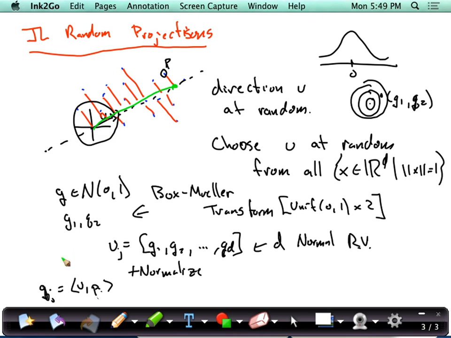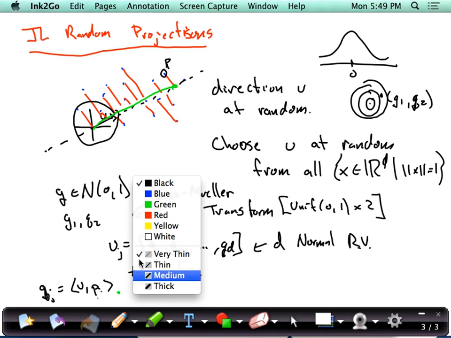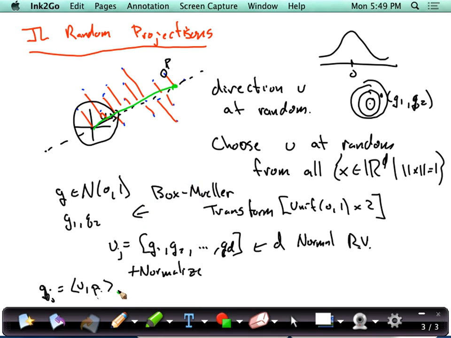Actually, it turns out if I do this, it's always going to be too small. So I need to multiply this value by square root n over square root k. Otherwise, if you're projecting to a lower dimensional space, things only get smaller. So to make it the right value, I need to expand it back up a bit.